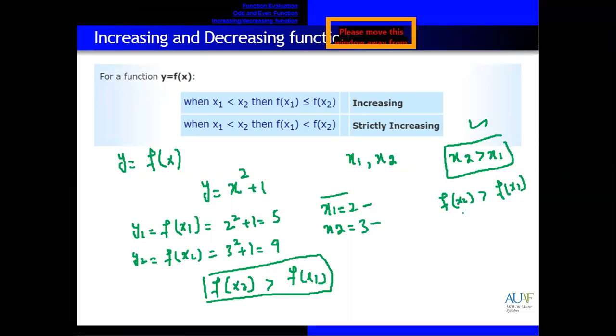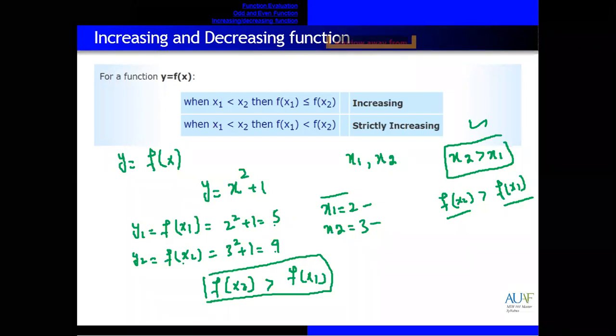Then the second function f of x2 is also greater than f of x1. When both conditions hold, x2 greater than x1 and the second function greater than the first function, that function is called an increasing function.